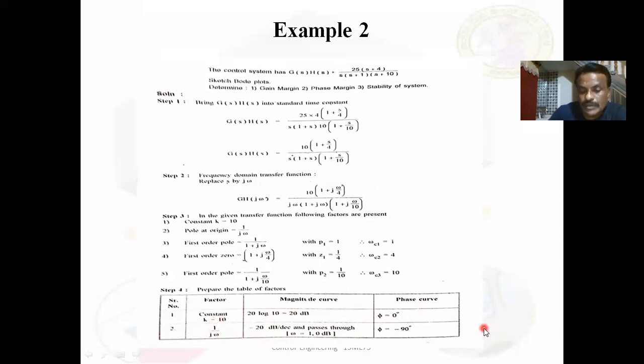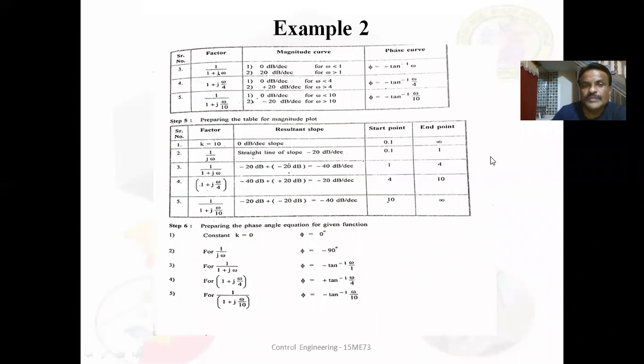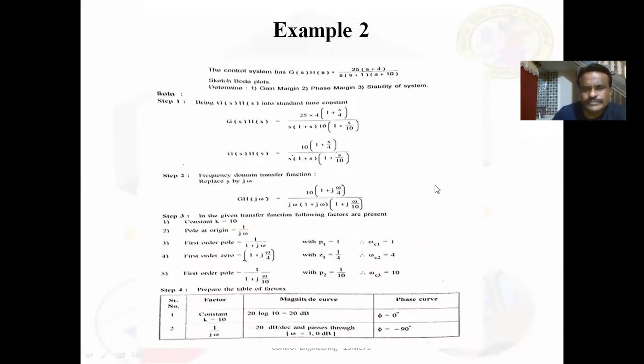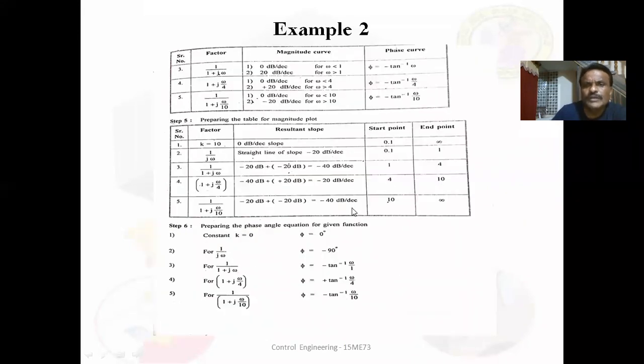Coming to another factor, take 1 by (1 + j omega).